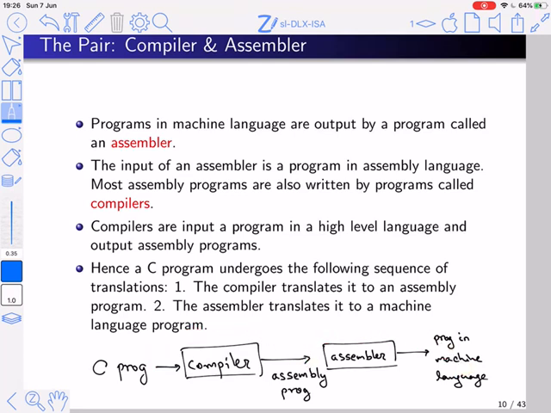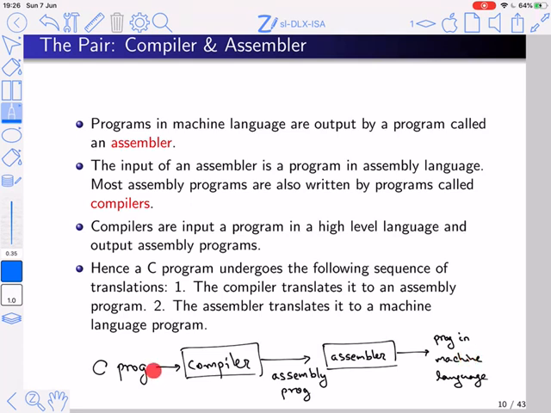Now, what is important to understand is that assembly is not necessarily dependent on the computer on which I am running my programs. So the assembly doesn't perhaps know yet, so to speak, what is going to be my ISA.